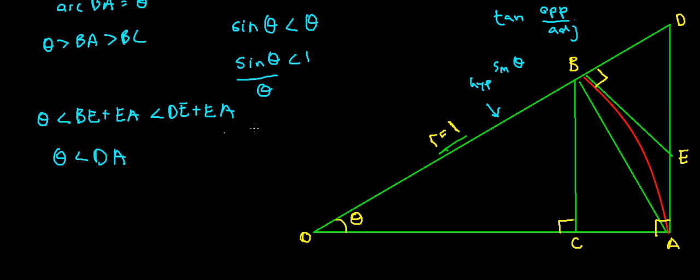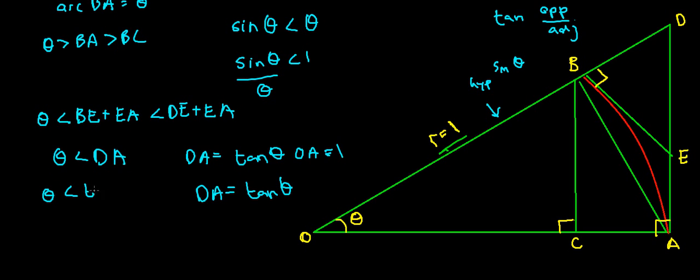DA is the opposite side, so tangent times the adjacent side is equal to DA. Tangent theta times OA, but since it's a unit circle, OA is just equal to 1. So DA is equal to tangent theta. Theta is less than tangent theta.